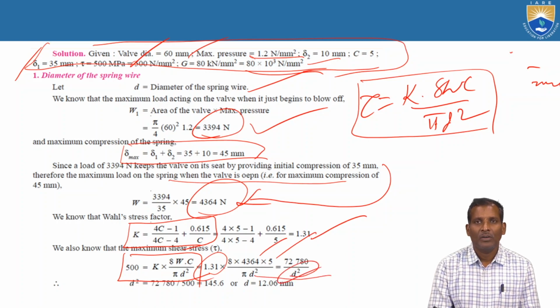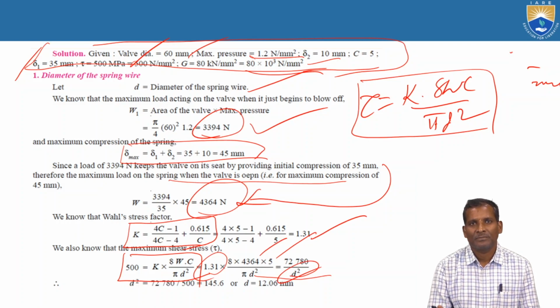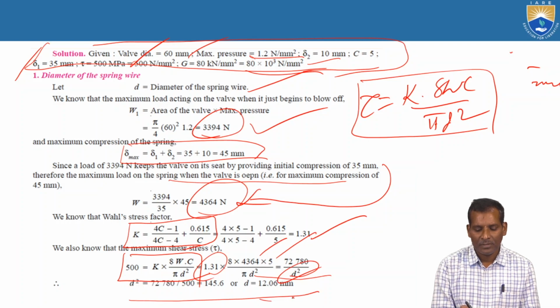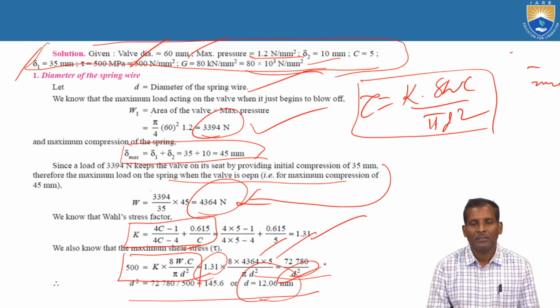Here d is the wire diameter, unknown. We don't know this wire diameter. We need to calculate the wire diameter. Clear? So find out d. So d is 12.06 mm.